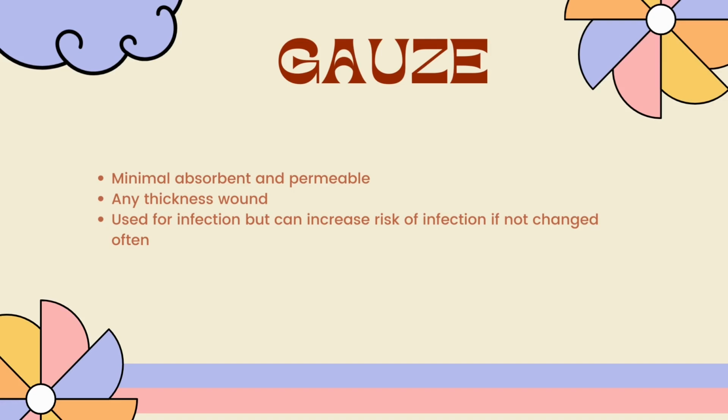You might also see things such as impregnated gauze, and this is just when the gauze contains substances such as petroleum, honey, hydrogel, iodine, or even zinc. This can help decrease trauma and prevent that wound getting dehydrated during dressing changes.